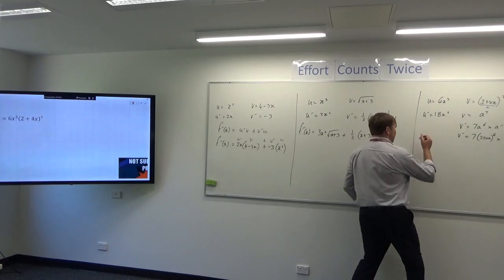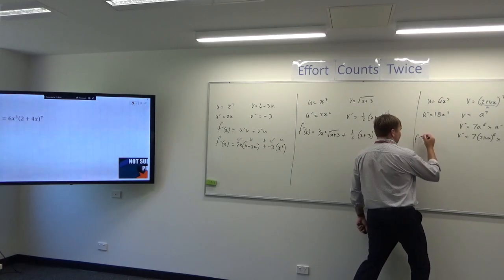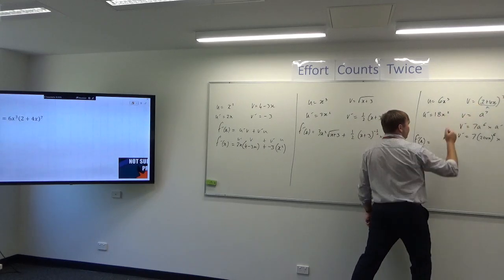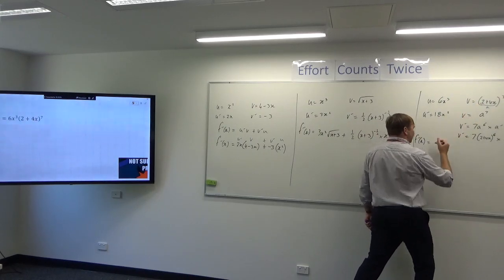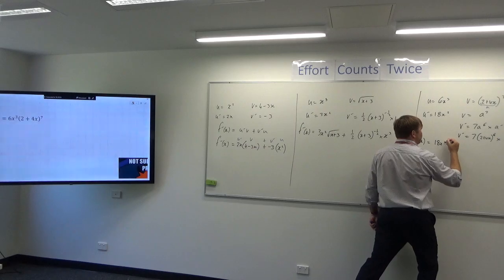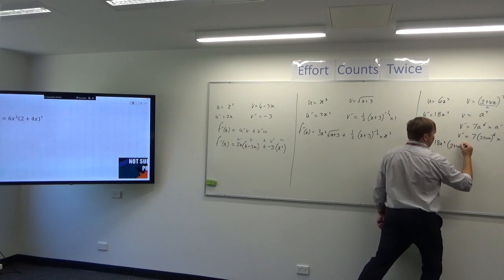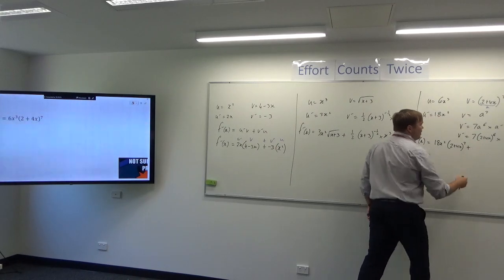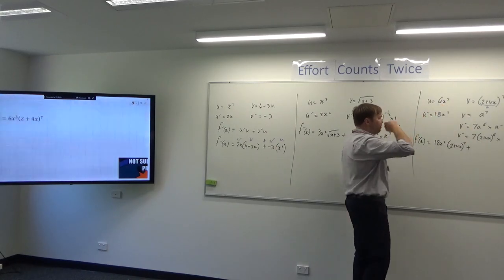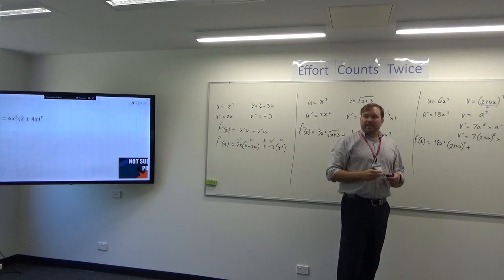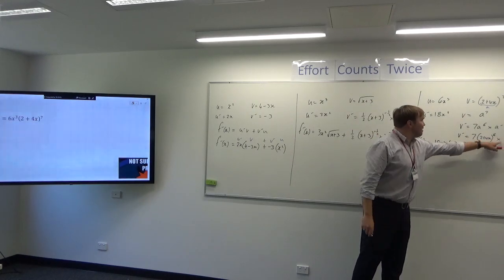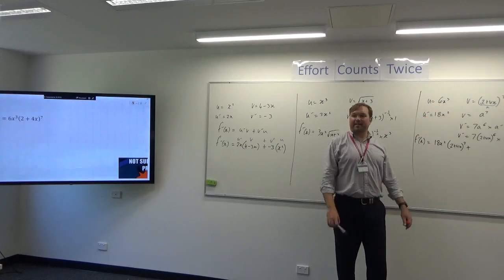Then we need to stitch them all together. f dash x is u dash v. It's kind of like a hot cross pattern. u dash v, so 18x squared bracket 2 plus 4x to the power of 7 plus v dash u. Now, if you want to be fancy, that 7 and that 4 and that 6 are all going to multiply together.